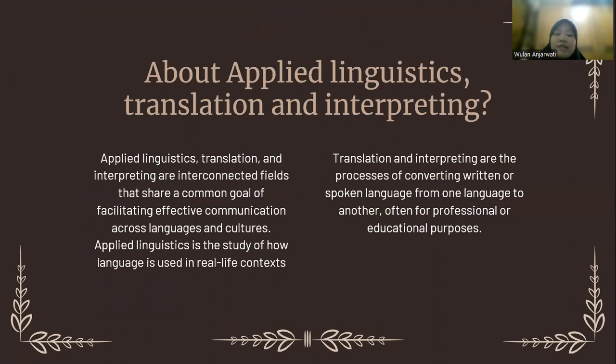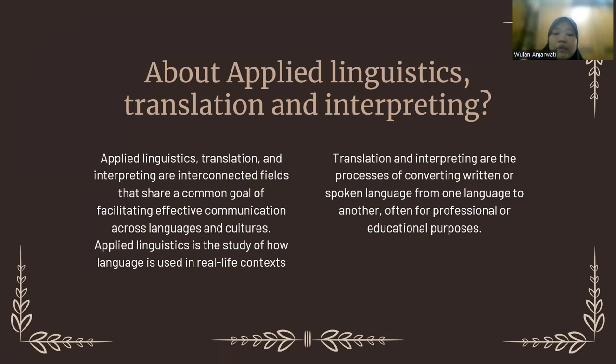Applied linguistics is the study of how language is used in real-life contexts. Translation and interpreting are the processes of converting written or spoken language from one language to another, often for professional or educational purposes.